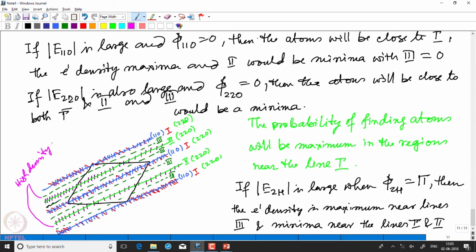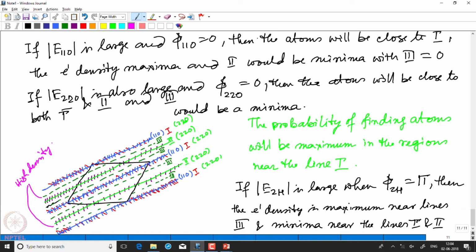Then you do it for the HKL which is 220, assume it to be 0 and do the Fourier transformation and see the electron densities, and then you do it again for phi equal to pi for 220 reflection and see that there is a difference, and based on these one then can solve the values for the electron density for the coordinates for the atoms close to these particular two reflections.